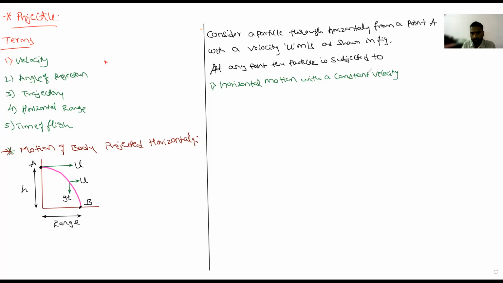Is it visible to everyone, whatever I am writing on this screen? Horizontal motion with a constant velocity u meter per second, and second, vertical motion with initial velocity zero, moving with acceleration.